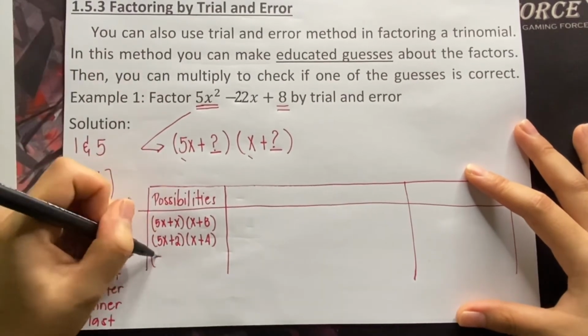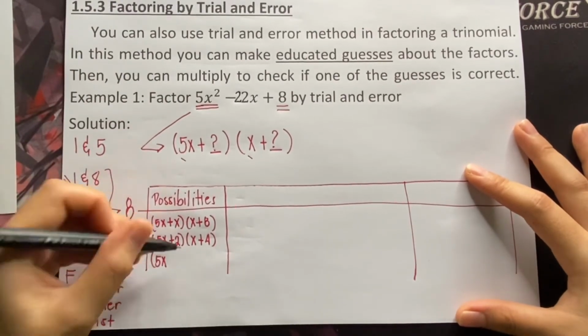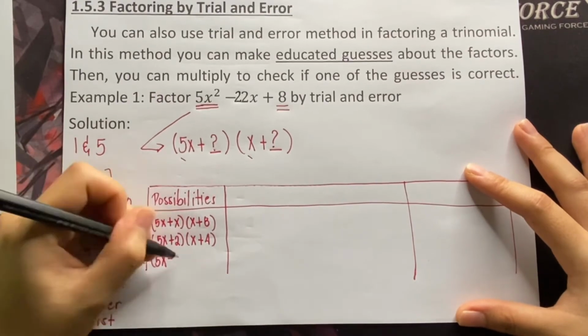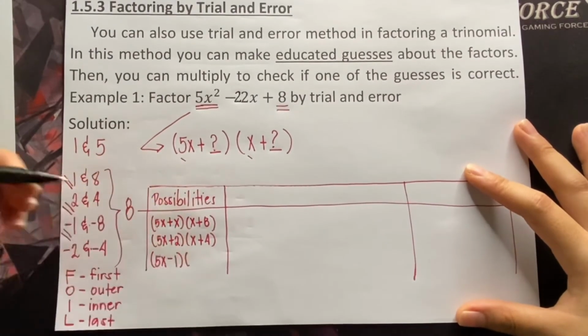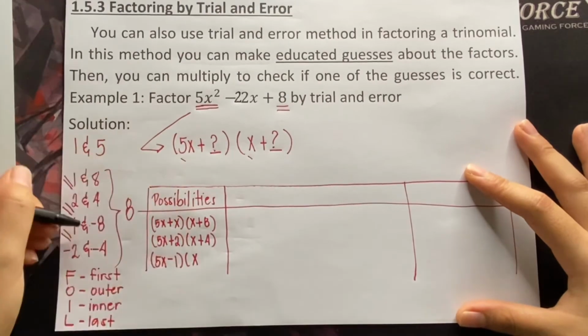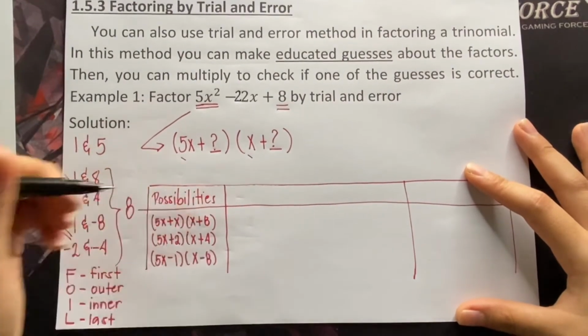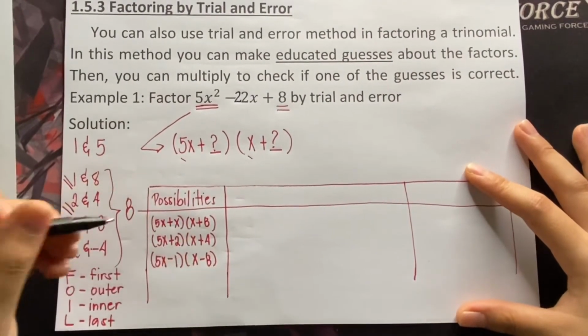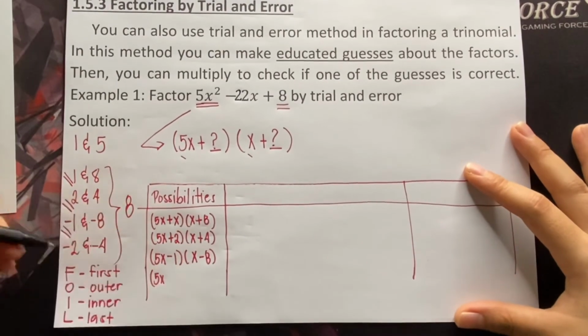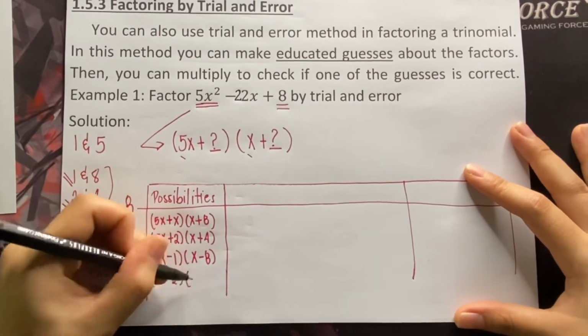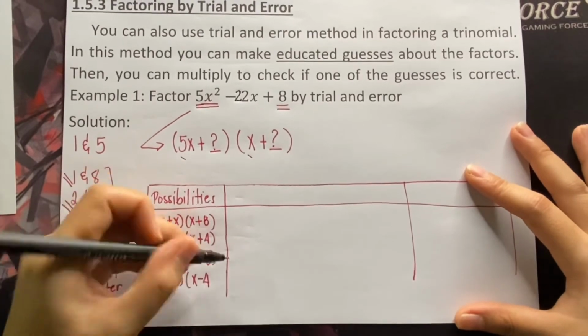Third, 5x, since negative 1, we're going to use subtraction. So, minus 1 times x minus 8. And last, negative 2 and negative 4. 5x minus 2 times x minus 4.